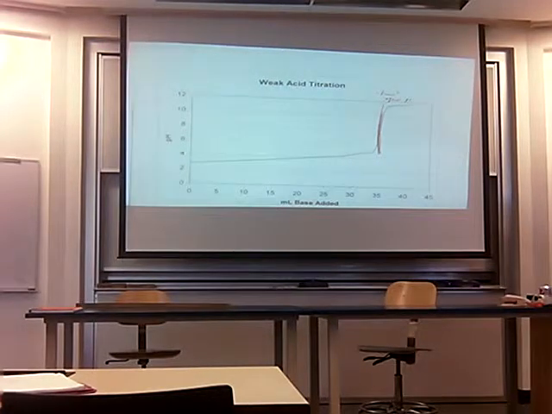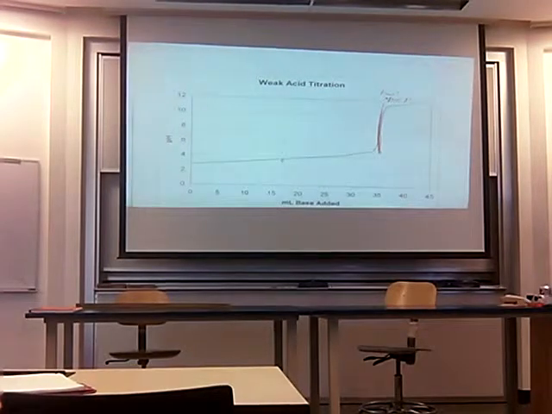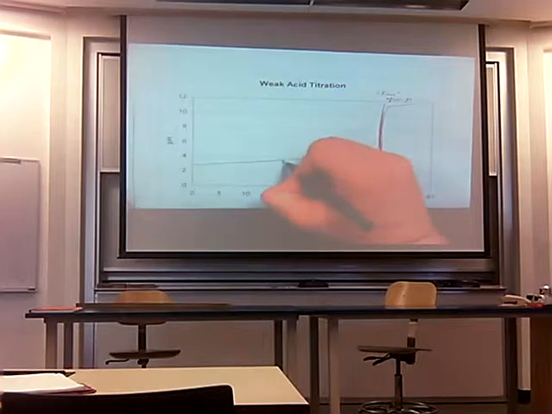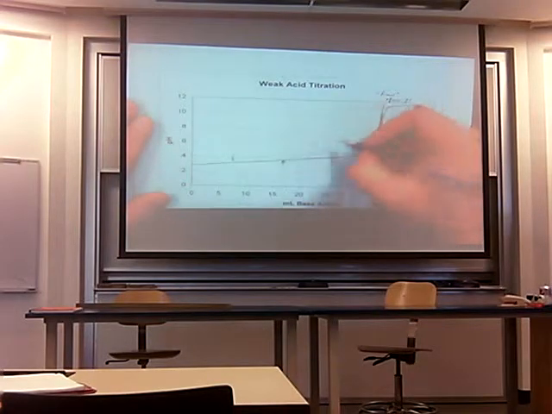Half equivalence, let's work the half equivalence. pH equals pKa, if it's monoprotic. If it's diprotic, then what's here is a half at this point. The first equivalence point would be there, and the half equivalence points would be here, halfway, halfway.